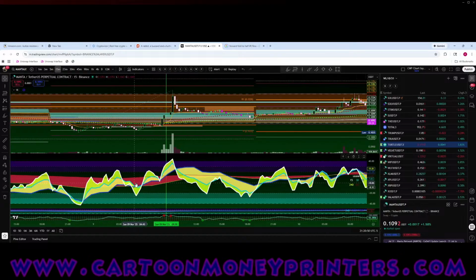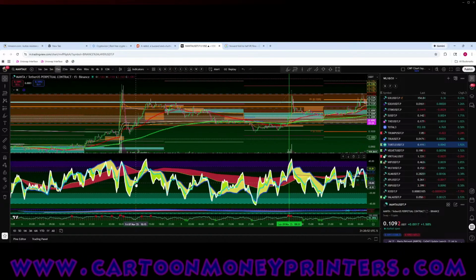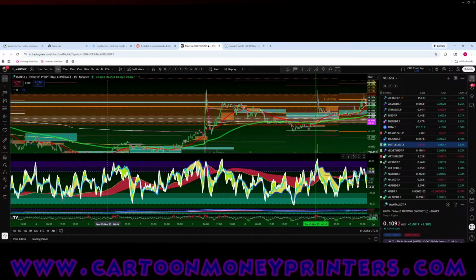Okay, so let me tell you why I liked it, because here's the 4 and 8 hour ribbon, right? That's a bullish, right? It kept making higher lows, right? And it didn't get too out of whack here, right? Even though price shot up, the ribbon didn't.